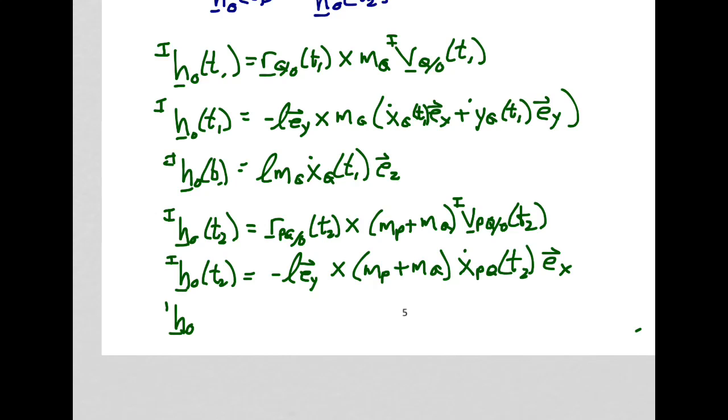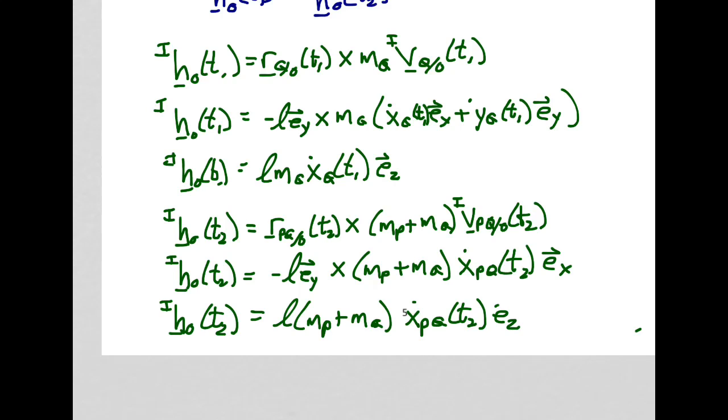Let's take our cross product. And we see here that this is L of mp plus mq, so this is all our scalars, then x dot pq at time 2, and it's ey cross ex. We need to have our negative scalar there. And then because it's ey crossed with ex, we get a negative sign, so negative ez. So we get rid of our negative, and then this is in the ez direction as well.